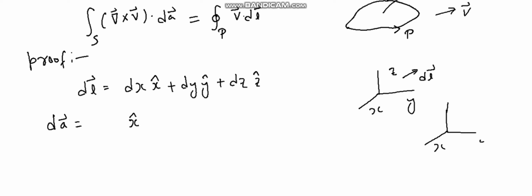If an area points toward the x cap direction, then that area must reside on the yz plane, and for the infinitesimal case that is equal to dy dz. Similarly, for the area pointing in the y cap direction, the area must reside on the xz plane, and that is equal to dz dx. Similarly for the z direction.